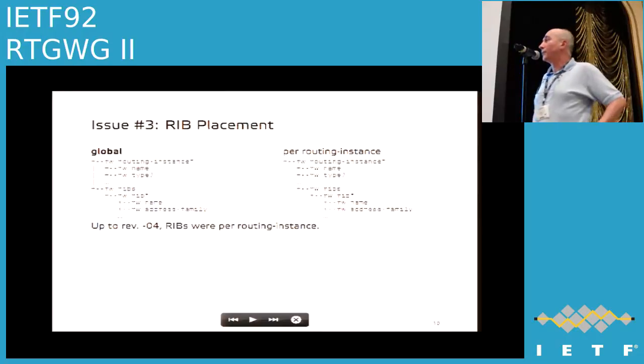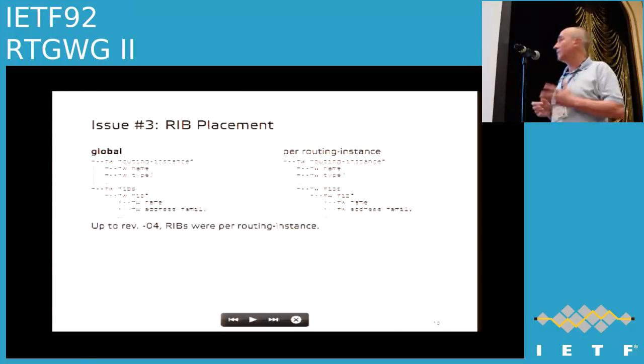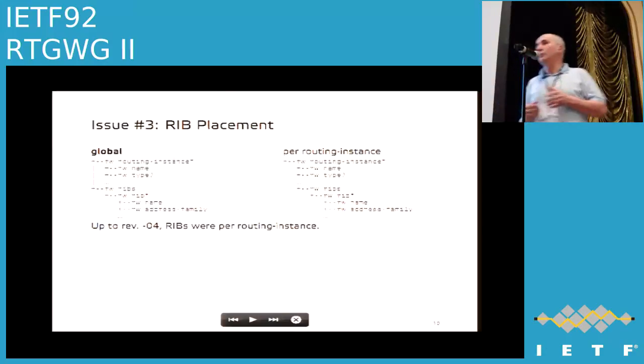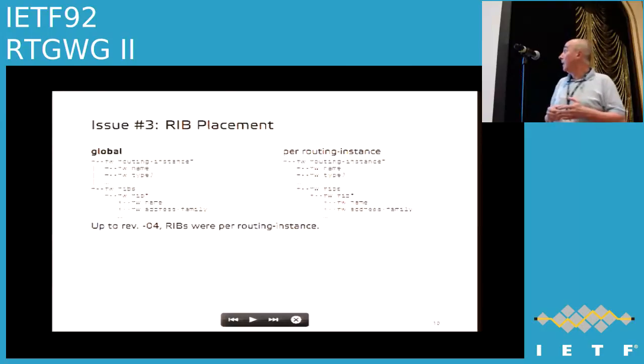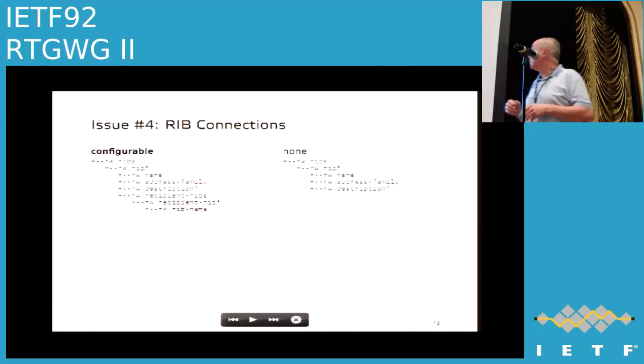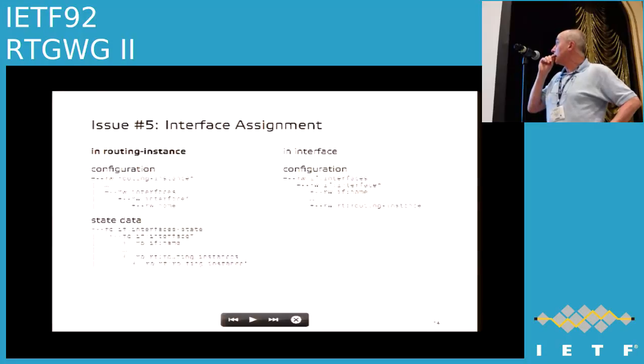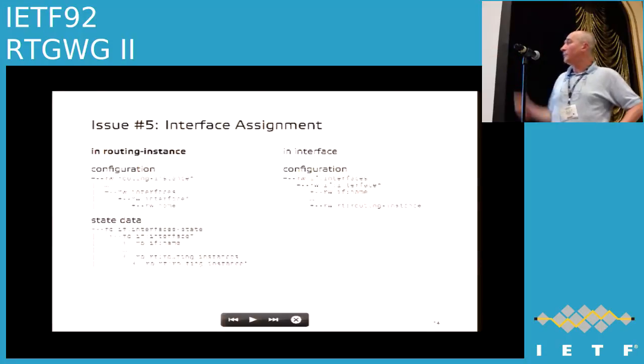Then there was some discussion about how to assign interfaces to routing instances. The current organization is to do it under a routing instance via leafrefs, pointing to interfaces coming from the IETF interface YANG module.